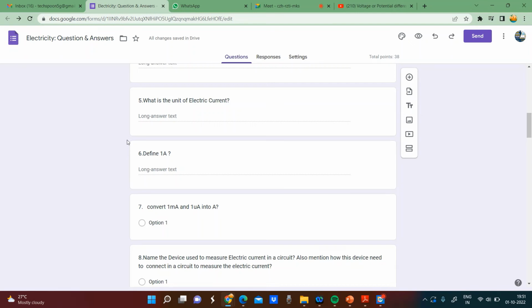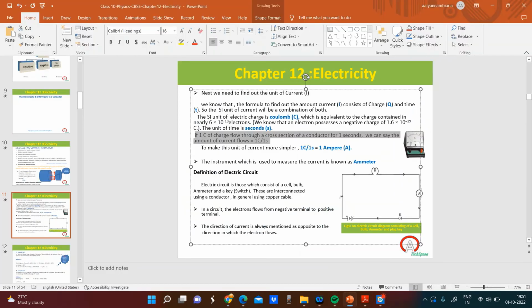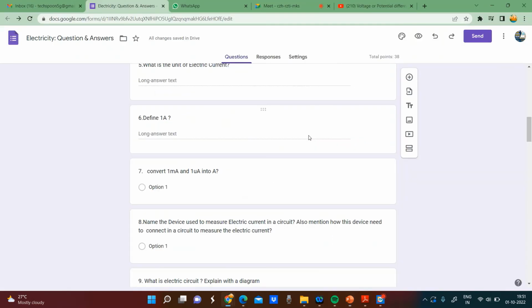Seventh question answer. Convert 1 milliampere and 1 microampere into ampere. What is 1 milliampere? 1 milliampere is equal to what, Hazel? Sir, 10 raised to negative 3 ampere. Yes, 1 milliampere is equal to 1 into 10 to the power minus 3 ampere.